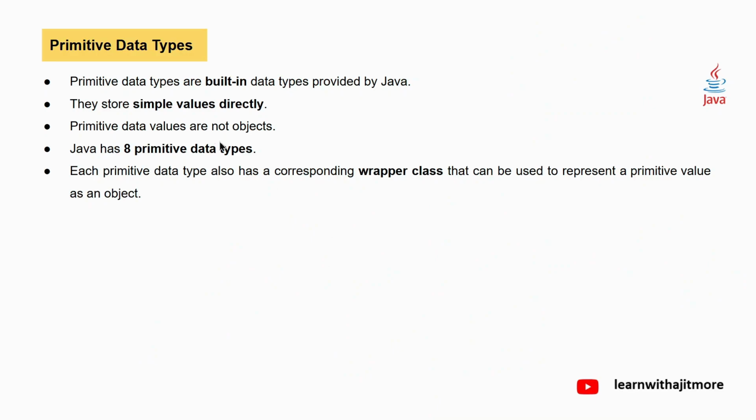So if you want to treat that primitive as an object, then use the wrapper class. Named wrapper, I hope you're understanding, because it is wrapping your primitive inside an object. Getting? Okay. And non-primitive types, they are not built in. They are not ready, coming in your language.